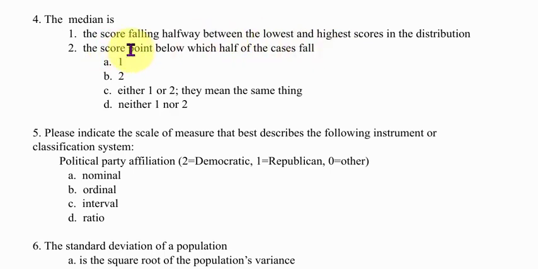The score point below which half the cases fall is a more believable answer because it doesn't tell you that you're picking one score. It's a score point, which could be the average of the 2 in the middle. So this is the only one that's true that I can tell. 2 is probably the right answer.